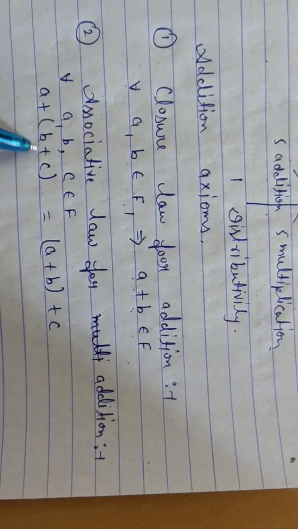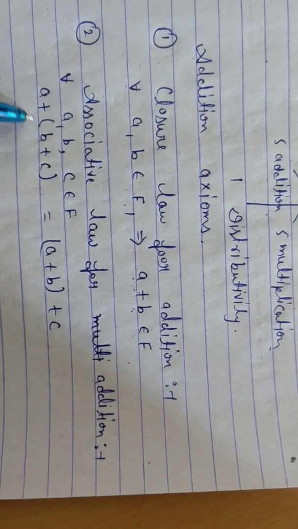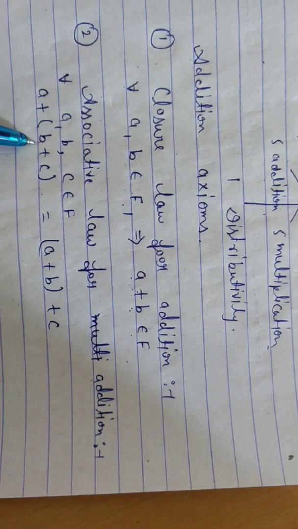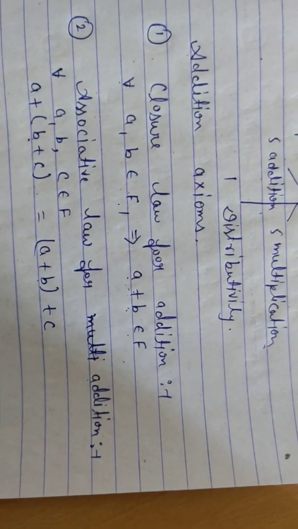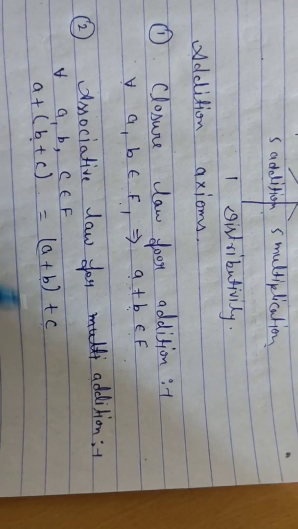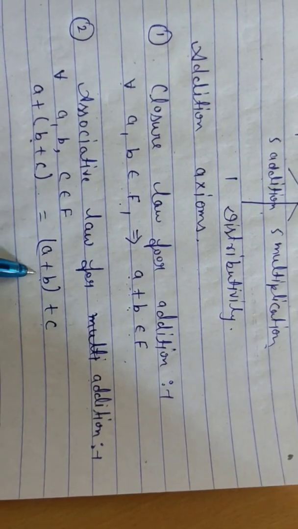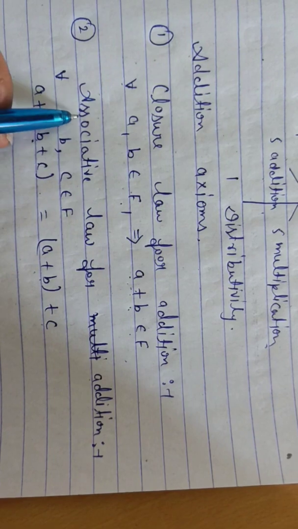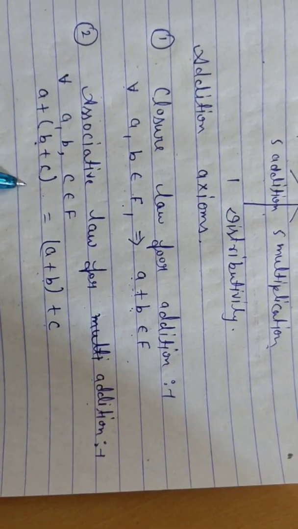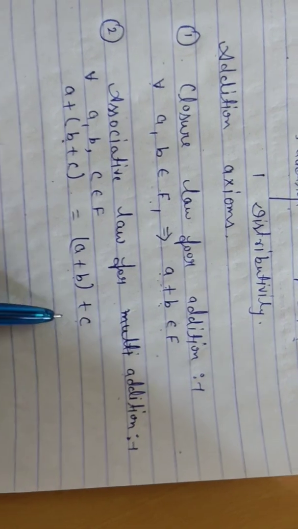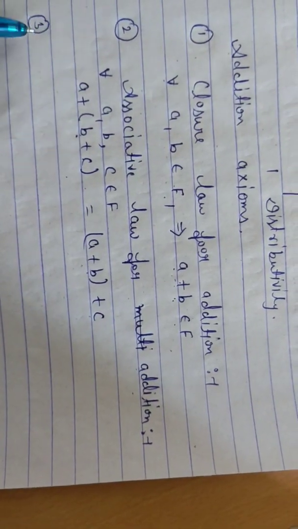If we operate b + c and then operate a from the left hand side, and if we operate a + b and then operate c from the right hand side, then both are equal. This is called the associative law for addition if the left hand side and right hand side are equal.